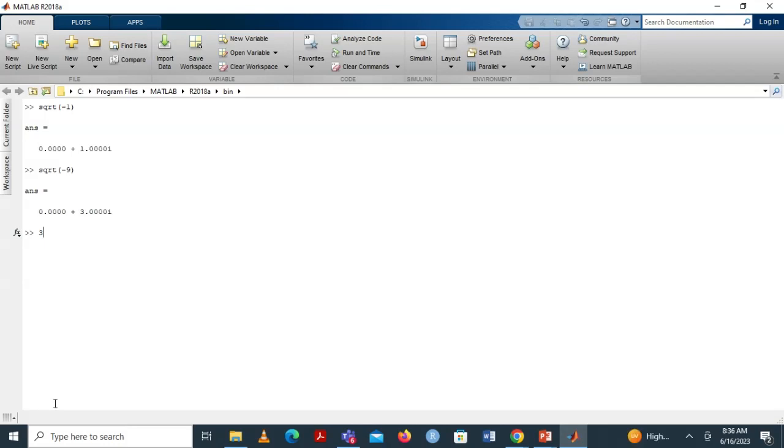For example, let's say we want to calculate the ratio of 1 plus 2i divided by 3 plus 5i. We simply type it in the equation and it will give you an answer.